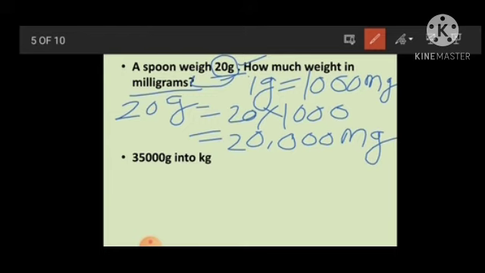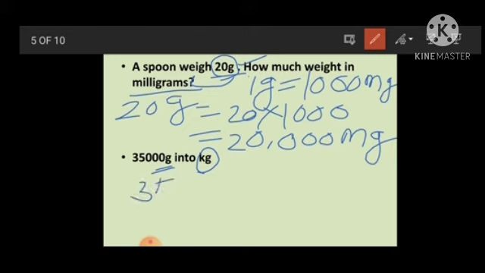Now next example. 35,000 gram into kilogram. This gram unit is what? Bigger unit or lower unit? Lower unit, smaller unit. The smaller unit converted into bigger unit, what will you do? Divide.